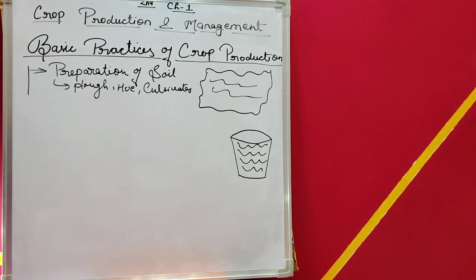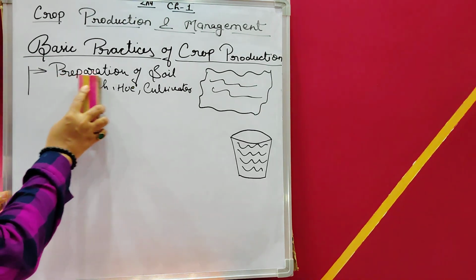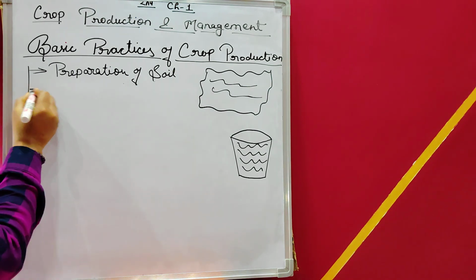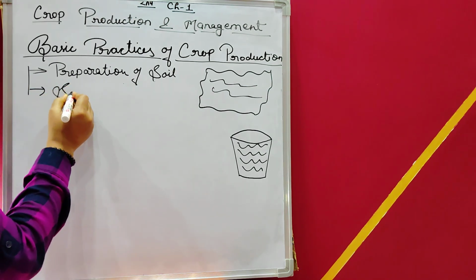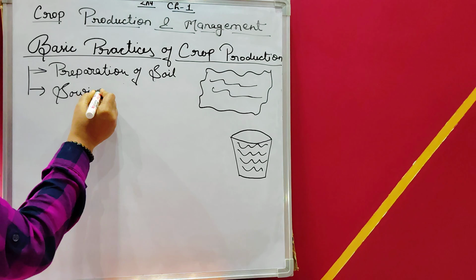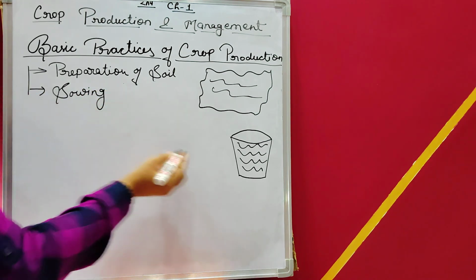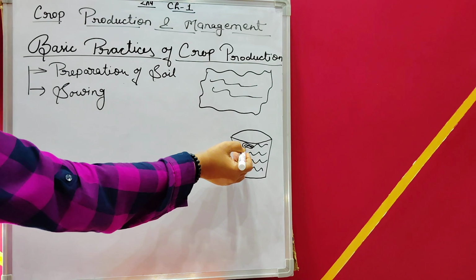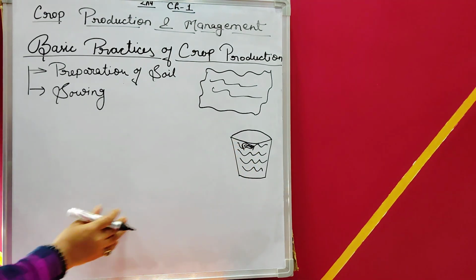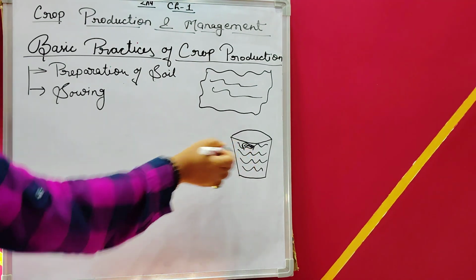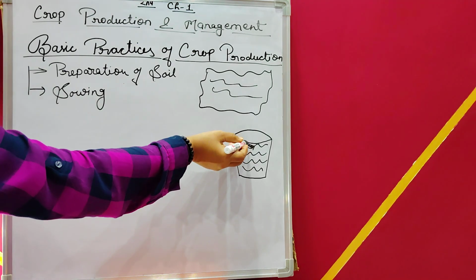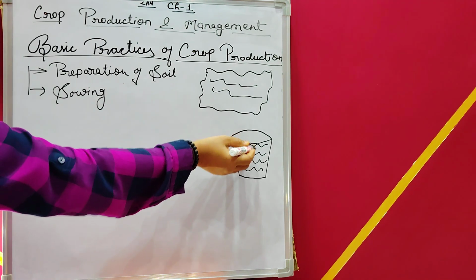Okay, and after that they will do the sowing. The second step is known as sowing. Sowing means basically you take the seed, keep it in the soil and cover it with soil for the plantation, for crop production. Like you take the seeds and keep them in the soil and cover them with soil, so the plants come from the seed, right?